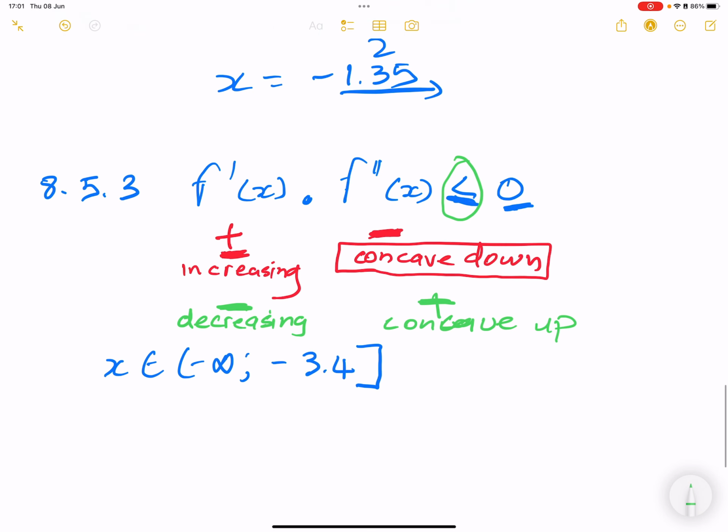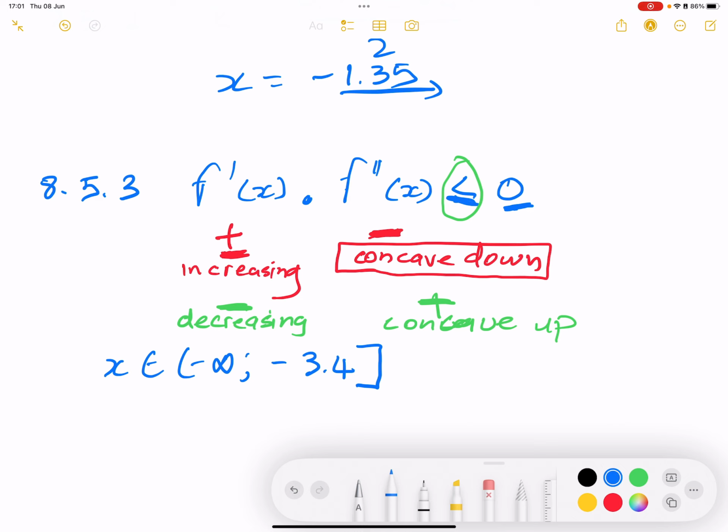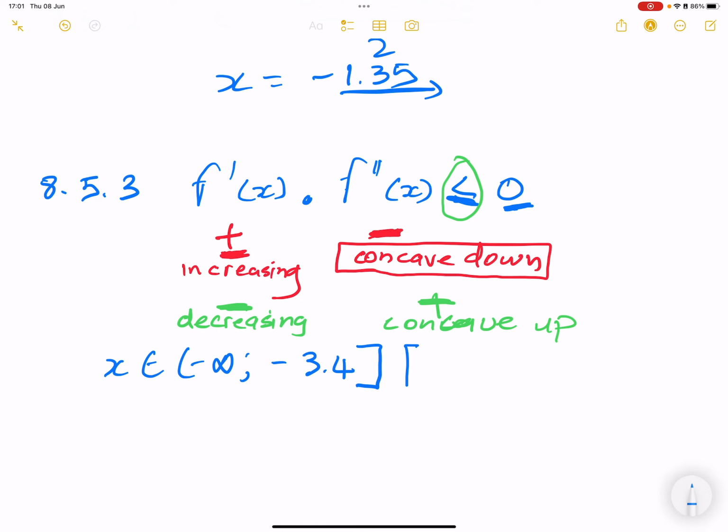So our next interval is where x is from negative 1.35, our point of inflection, to 0.7 at that turning point, and we're including those values because in both those instances, the product would be equal to 0. I hope that makes sense, ladies and gents.